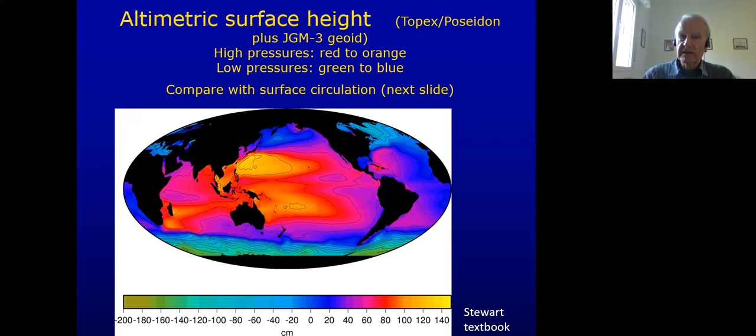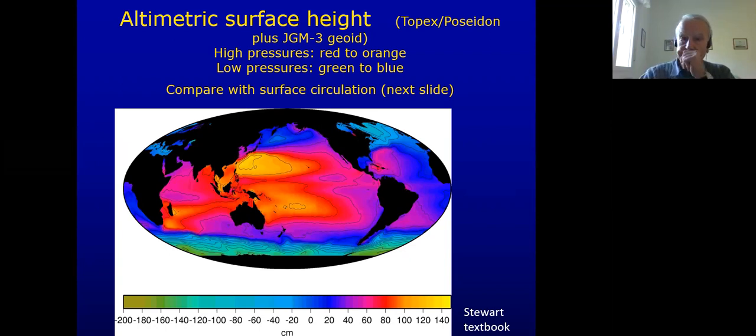So that's why, if we are looking at the altimetric surface height obtained from satellite, this is the surface geostrophic flow, the surface circulation. In order to get information on what is happening in a deeper part of the ocean, we have to have information on the density distribution.